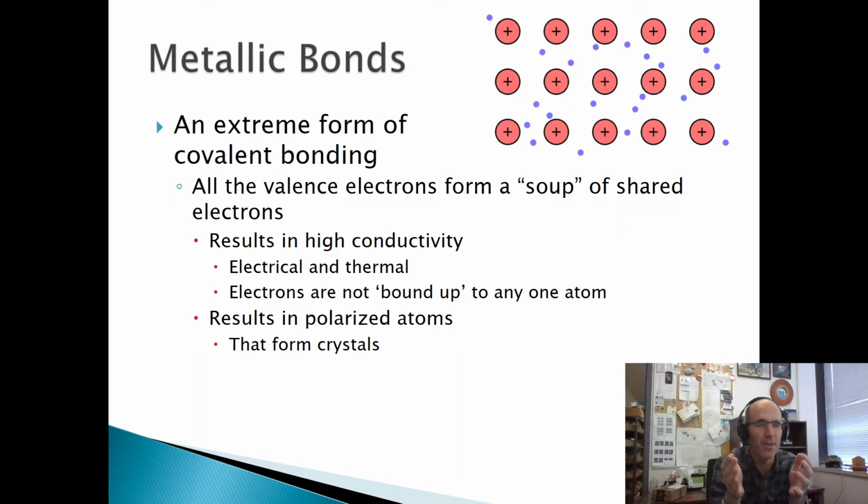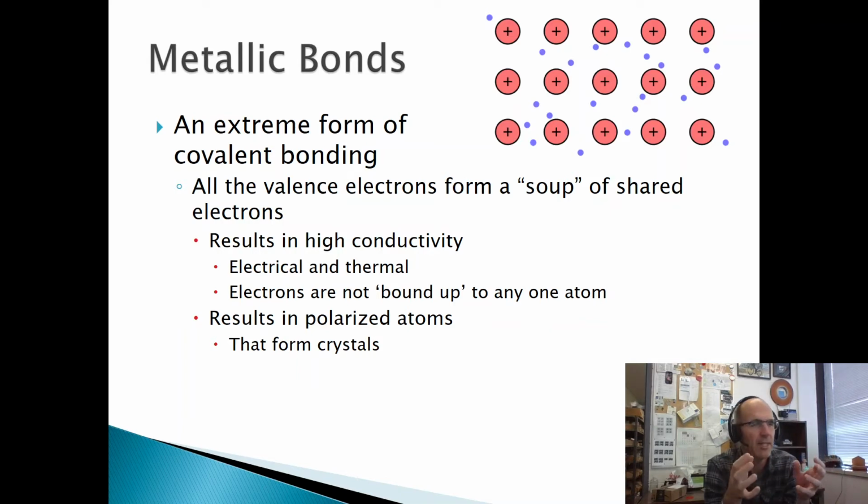You end up with the right number of electrons for the right number of protons, and they just sort of shift around from shell to shell to shell out there, and they don't really belong to any one, but they tend to end up giving you full valence shells. So as a result, this kind of forms a soup of electrons throughout the material.